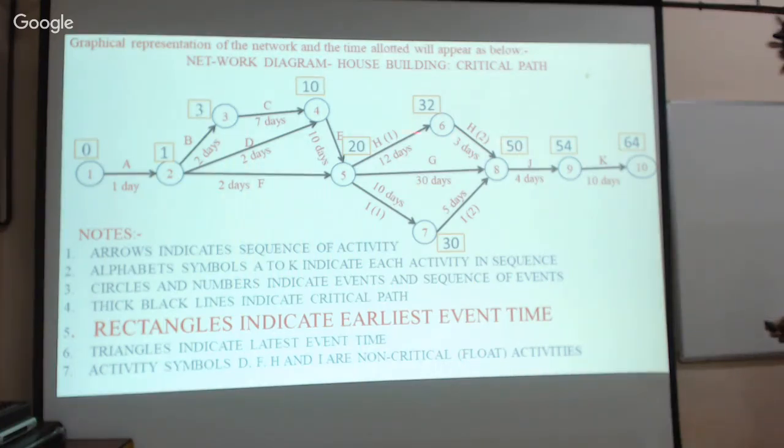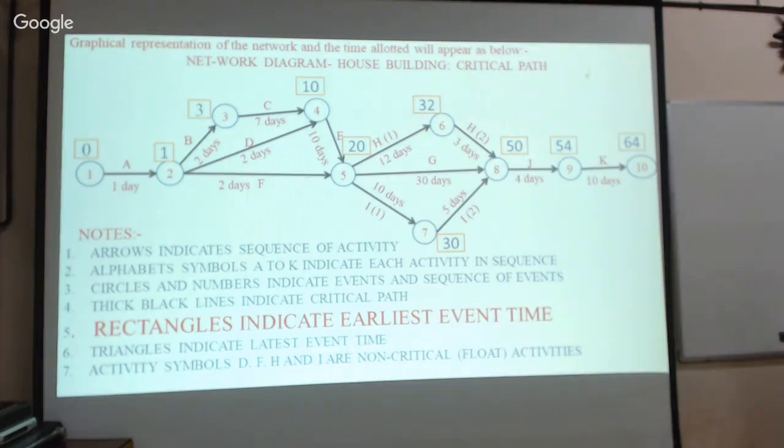Along this path we have 35 days, but along the other path we have 50 days. So the difference between these two is 15 days.